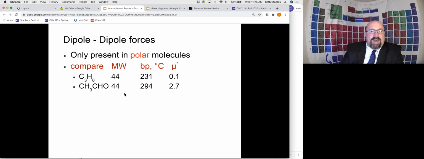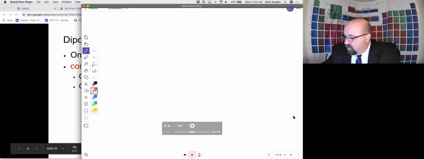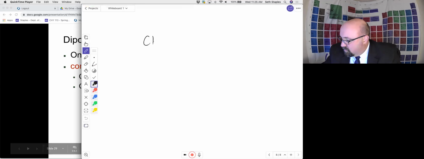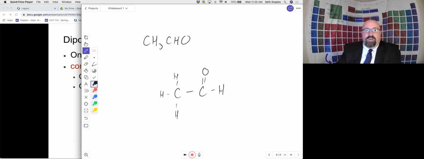But let's compare that to this molecule here, CH3CHO. Let's look at the structure of this, just so we can see it. If we do out the Lewis structure for this molecule, we're going to get a molecule that looks like this.